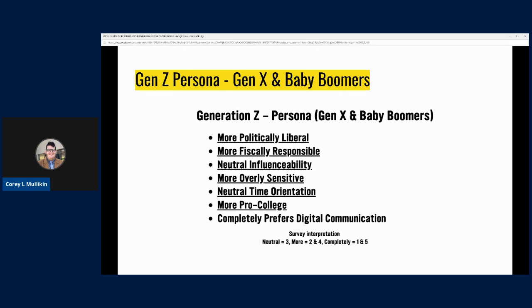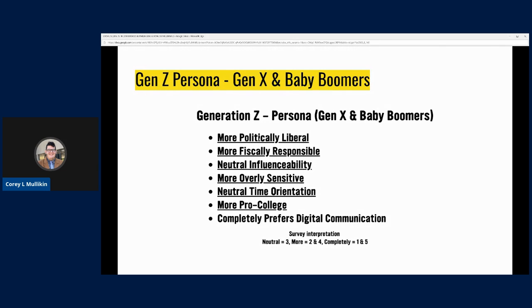We can easily see they say Gen Z is more politically liberal. They see that there's more Republican, more conservativeness in them. They think they're more fiscally responsible, disagreeing with Gen Z. They think they're more neutrally influenceable, which Gen Z argues, no, we're more.